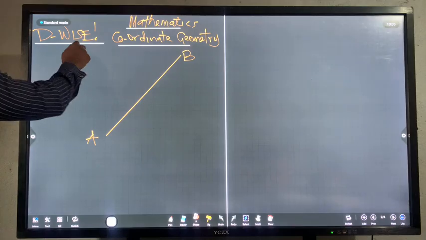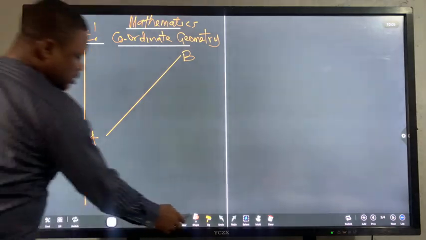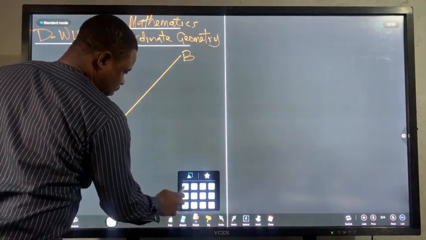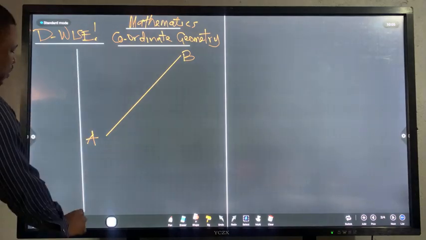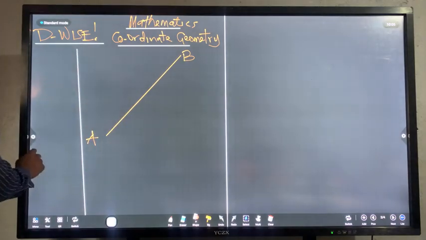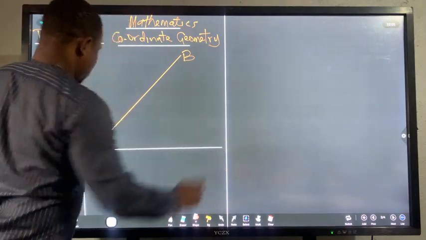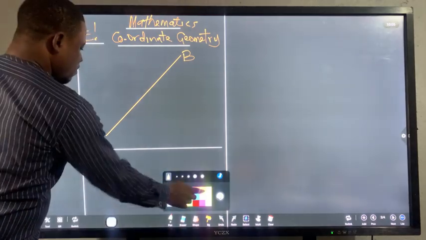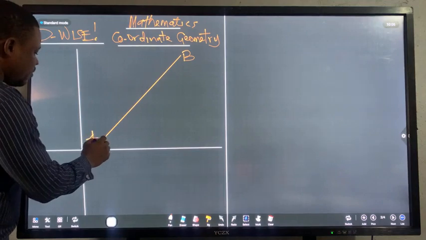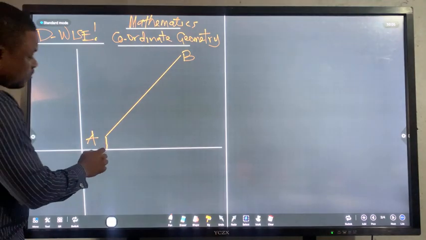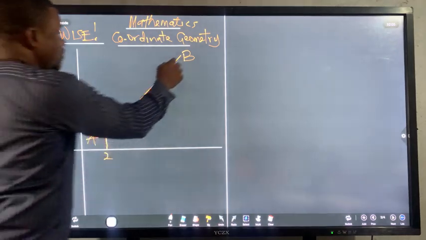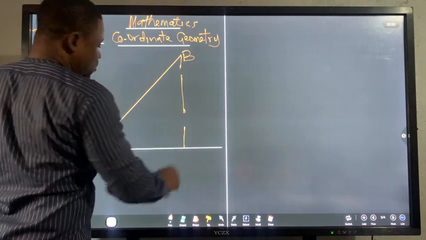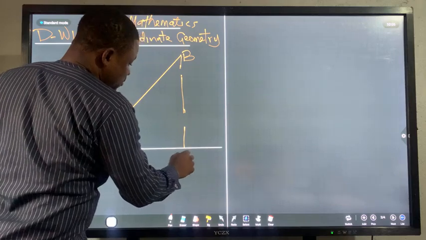You have to pay rapt attention to this, so that you don't miss out on anything. Let me use a different color. Then I have this, for example, and let me say that this point down here is 2, and if I take this down, this point is, let's say, 8.